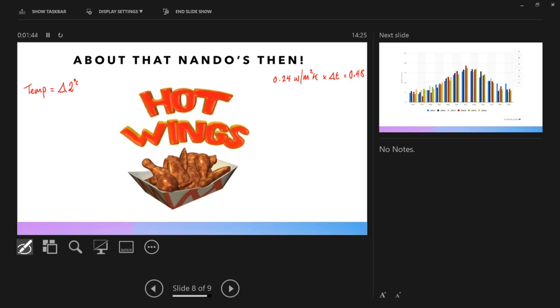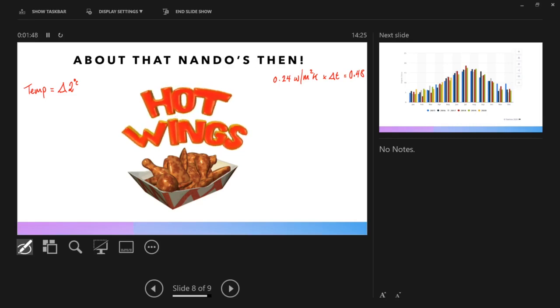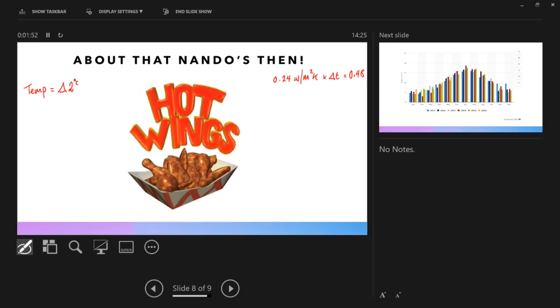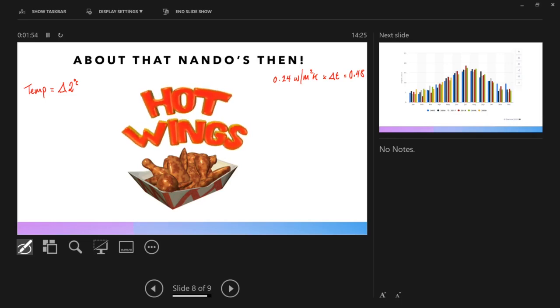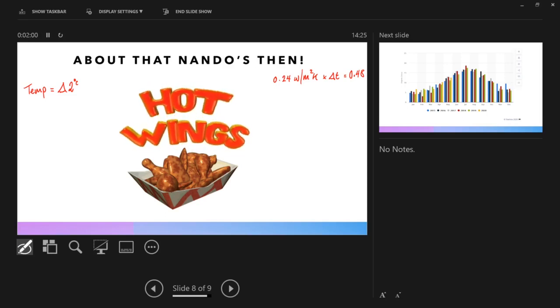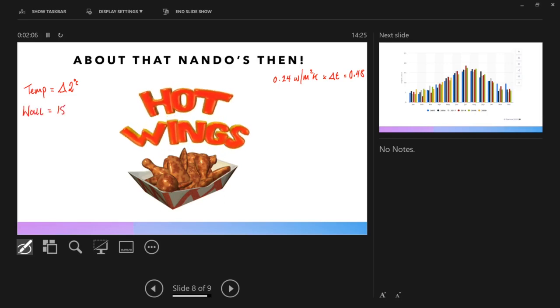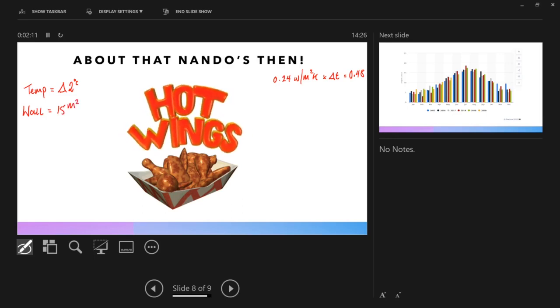And let's suppose your living room wall is around, usually 2.4 meters is the standard, let's say 2.5 meters times 7, or that. I'll tell you what, let's just call it 15 square meters. So the wall equals 15 meters squared.